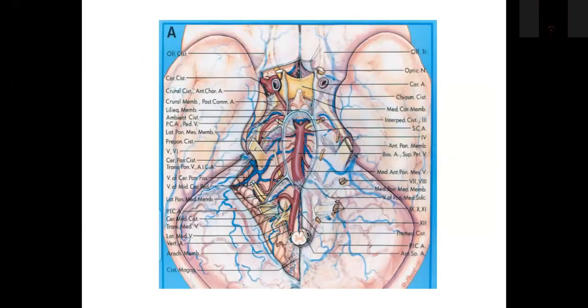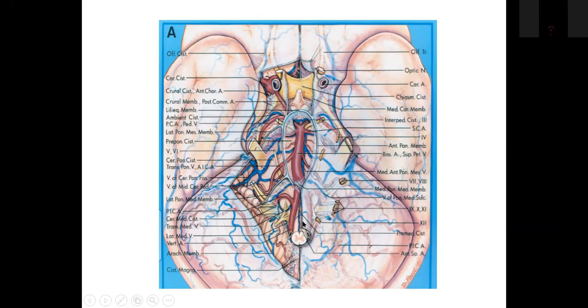So here we have an image that depicts most or all of these cisterns. We have here posteriorly the cisterna magna with the dense mesh-like networks of trabeculae that may sometimes pose a number of problems during surgical procedures through the cisterna magna.